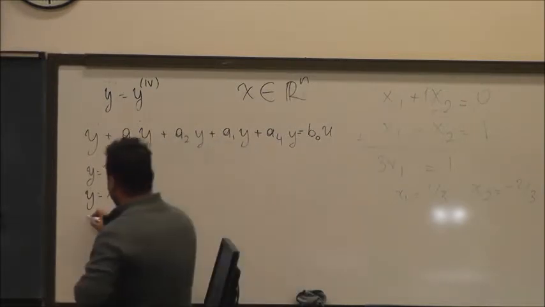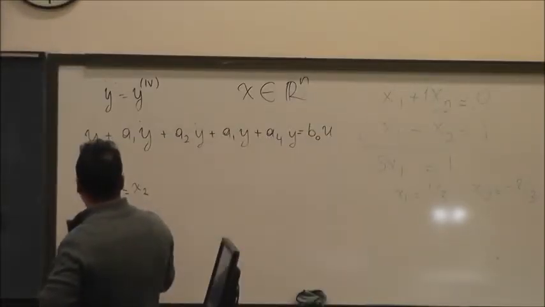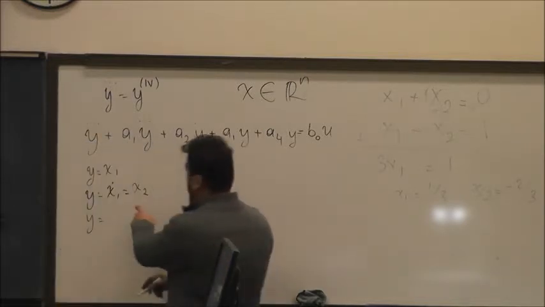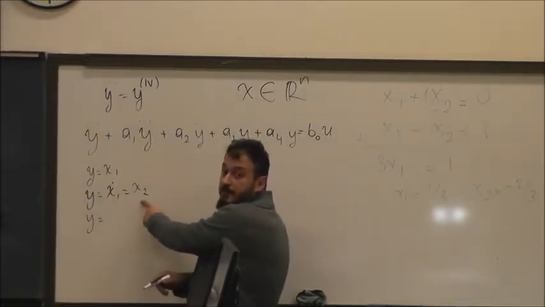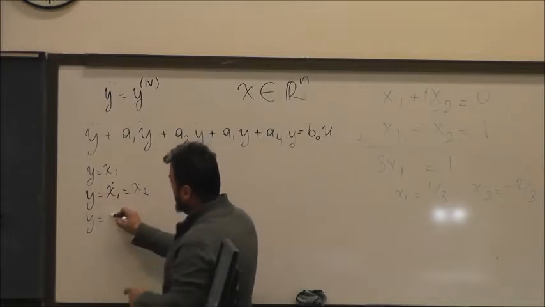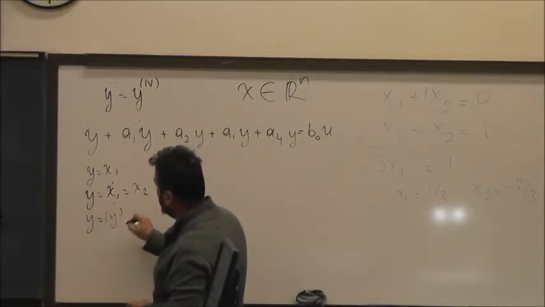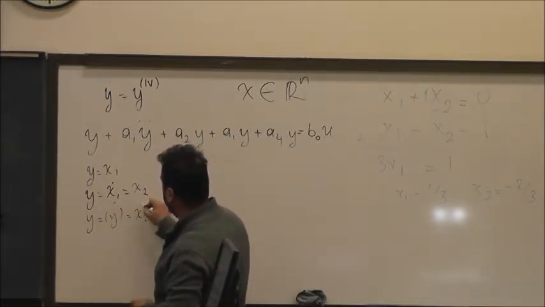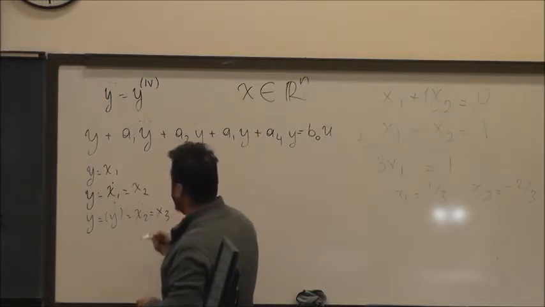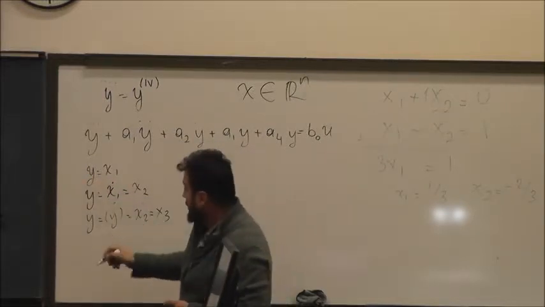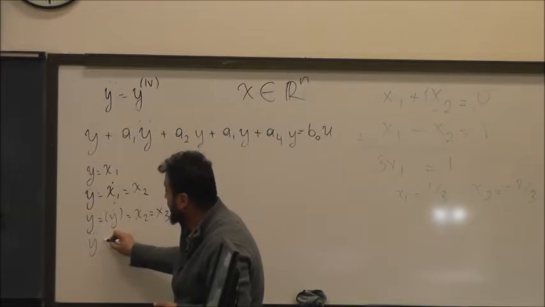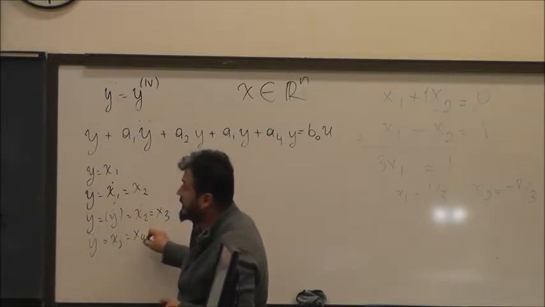Then I have y2 dot, which is actually x2 dot, right? See? y dot, which is x2 dot, and I'm calling this x3. Then y3 dot equals x3 dot, which is x4.